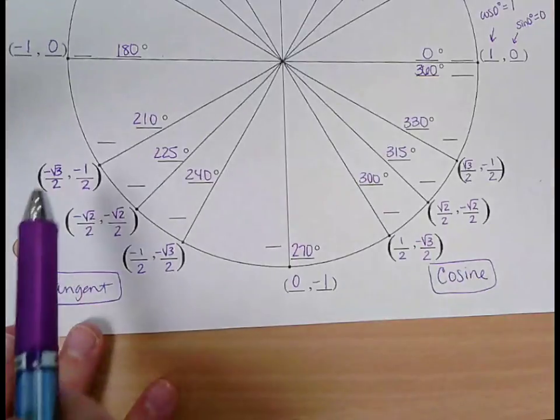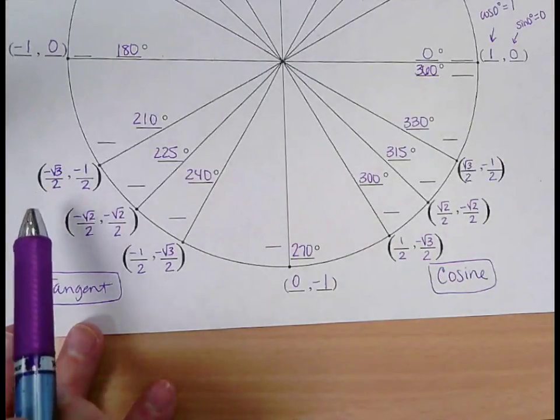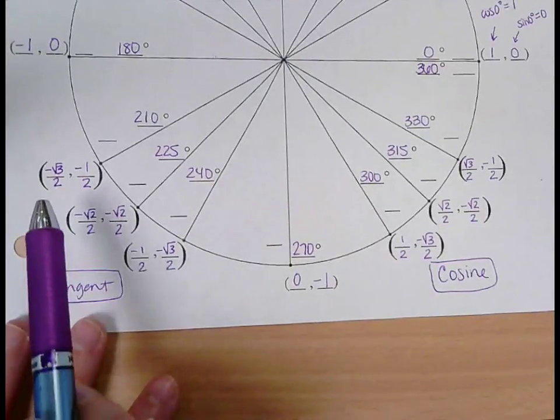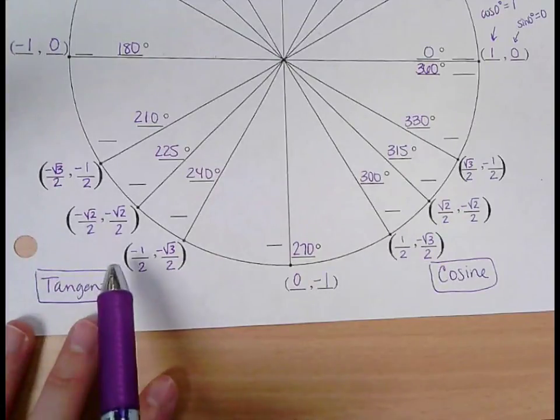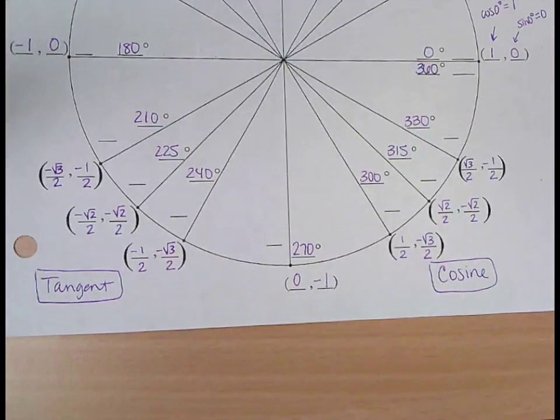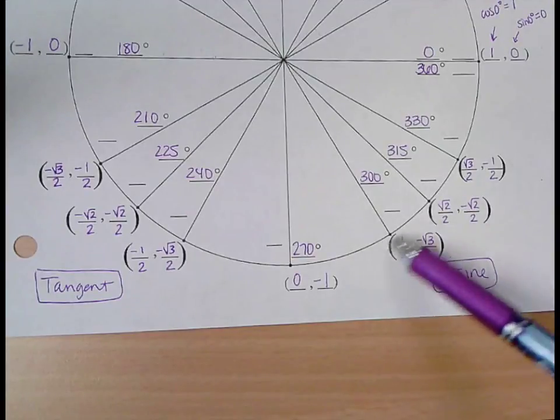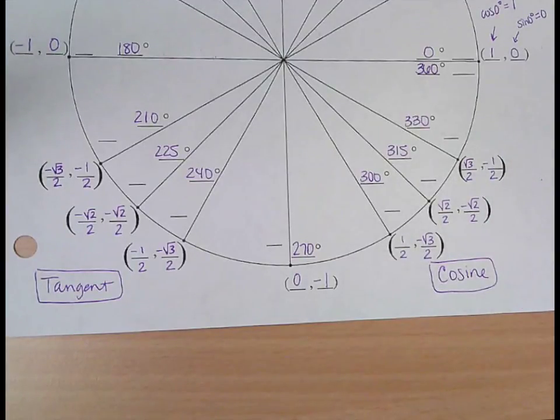And then for your ordered pairs, I'm not going to read these off, but make sure in quadrant 3, both x and y should be negative. Both cosine and sine are negative. And then in quadrant 4, only the y coordinate should be negative. The x's should be positive since cosine is positive. And then double check that you have the values in the correct places.